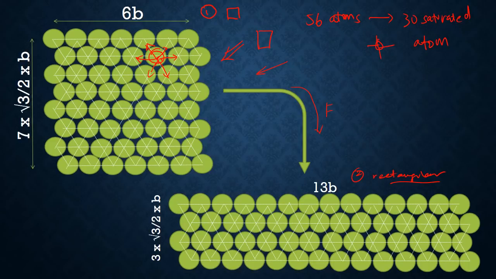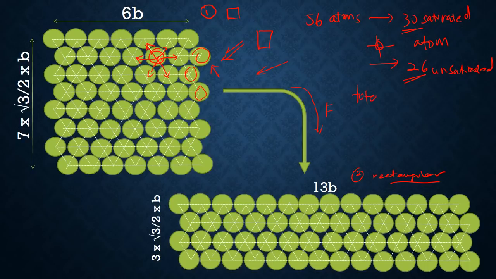So here we have 30 saturated atoms and 26 unsaturated atoms. The 26 unsaturated ones are those that reside on the surface of the square.